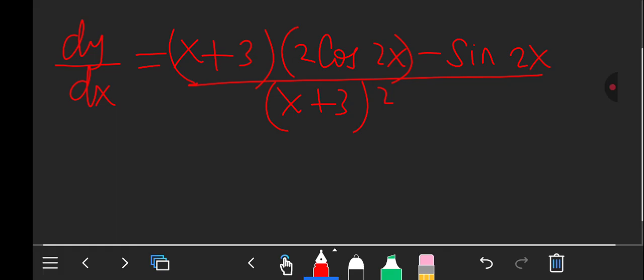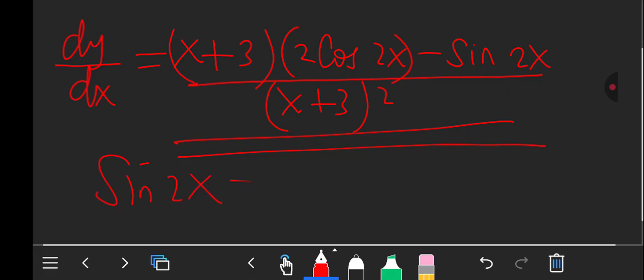For this question, you can stop here; this is the answer, unless you start simplifying further. But in an exam that won't add any extra mark, because if you start simplifying, you write sine 2x as 2 sine x cos x, then also expand cos 2x.